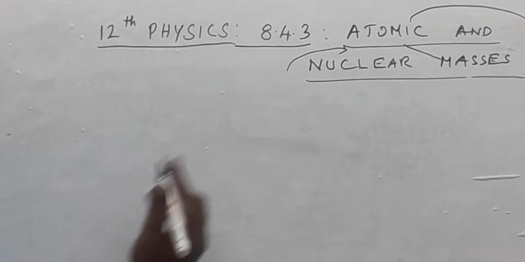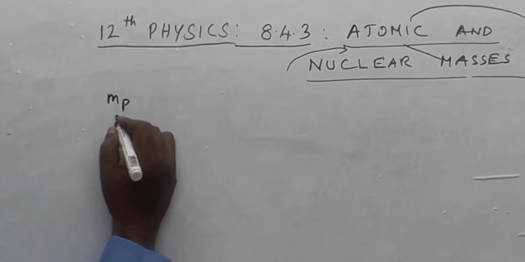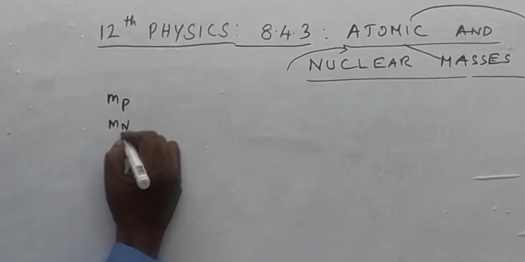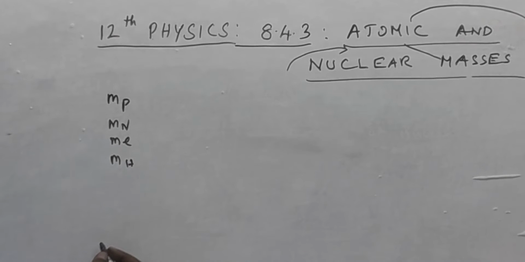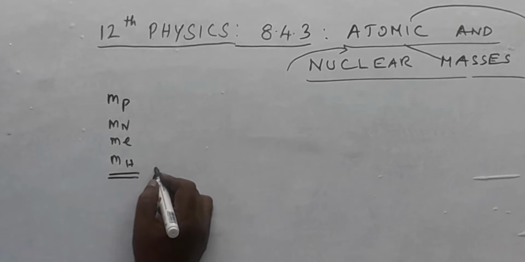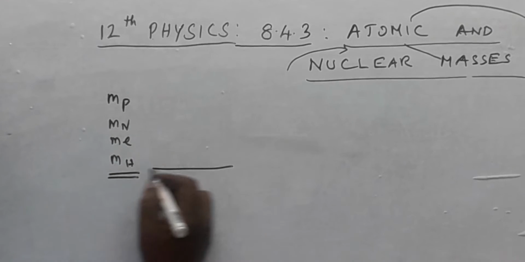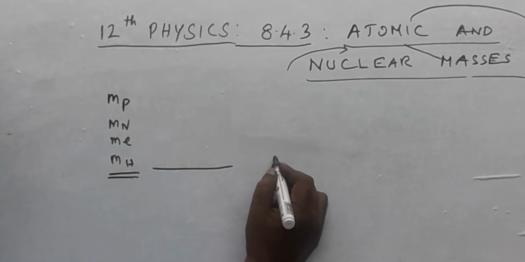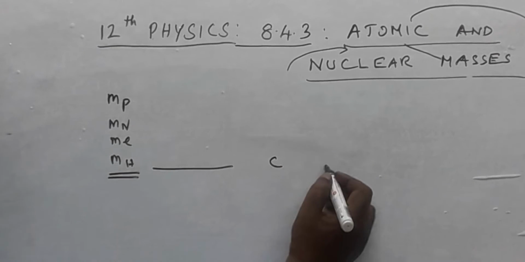We have already calculated the mass of proton, mass of neutron, mass of electron, and mass of hydrogen. When you calculate the total mass of hydrogen, suppose for example, assuming carbon, you have to consider carbon, there may be some value.